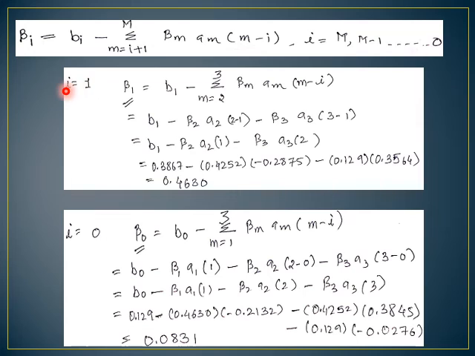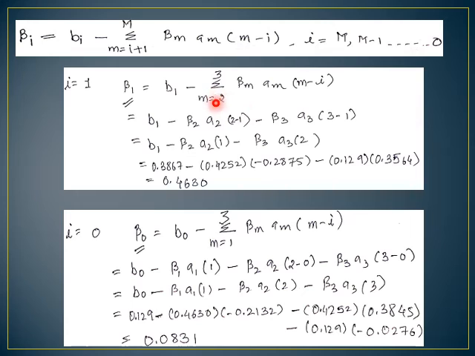Now we'll calculate I equal to 1. So beta 1 equals B1 minus the summation for I equal to 1, so M equal to 2 to 3, of beta M AM of M minus I. So B1 minus, the value of M is going to range from 2 to 3. So it is B2 A2 of M minus I, where the value of M is 2 here, so 2 minus 1.